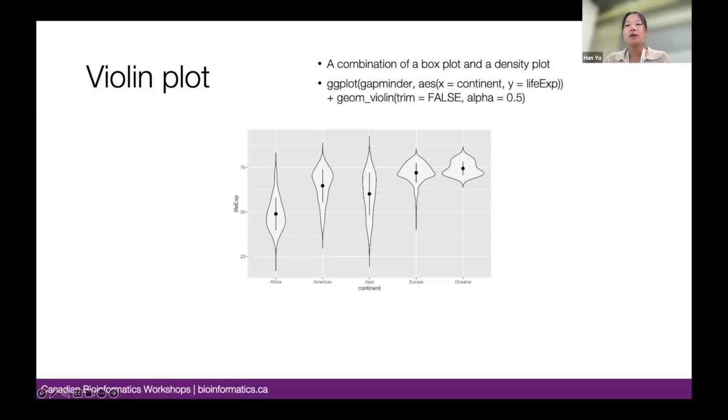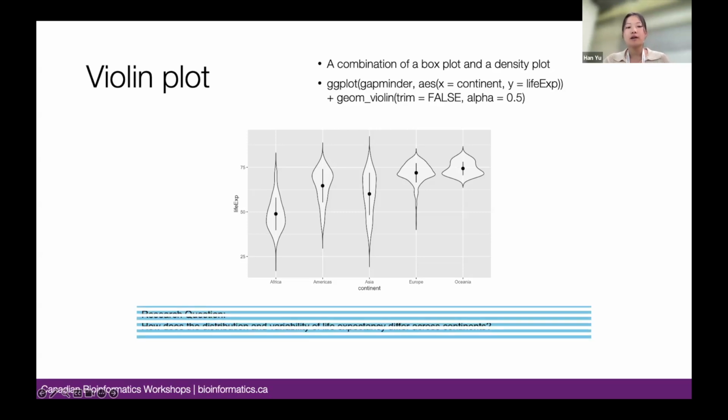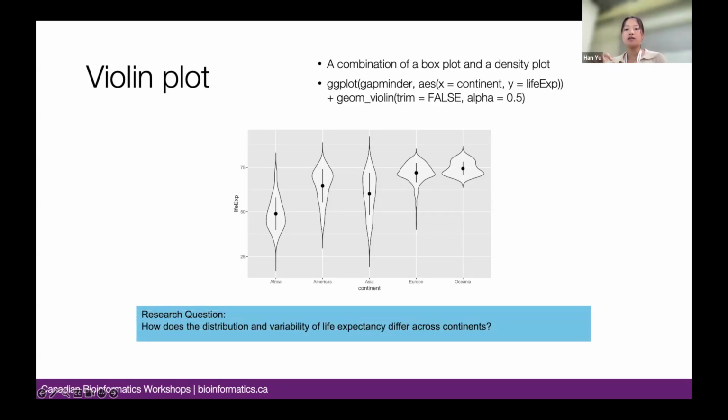But if your goal is to compare the distributions across multiple categories, you can use the violin plot. So if you want to explore whether a continent has two distinct life expectancy groups, the violin plot is better than the density plot because it allows easy comparison between continents and shows multimodal distributions more clearly.